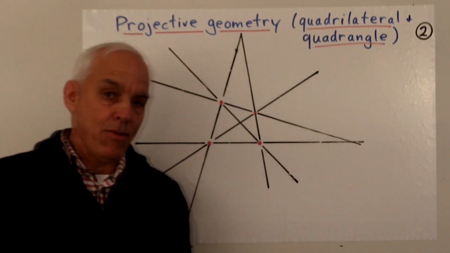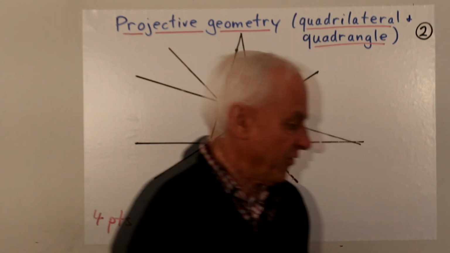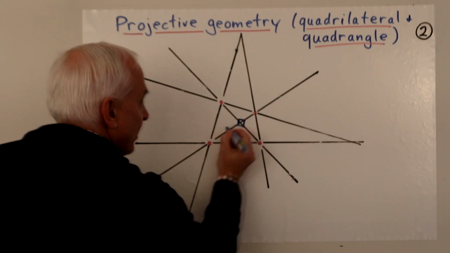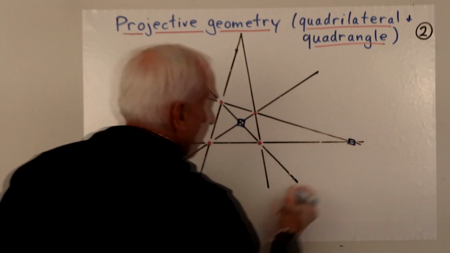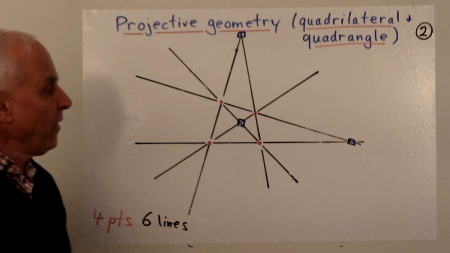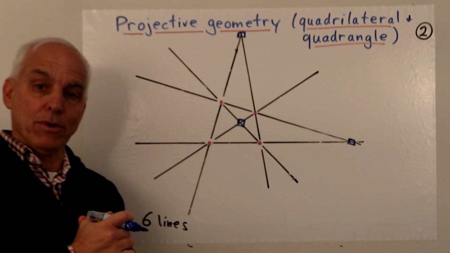Great. And now what happens? Well, now there's a few more points that we can see. So now we have this sort of meet of diagonals, but maybe we could also think about this one and this one. They all play sort of a similar role. Okay? So we might call these sort of the diagonal points of the original quadrilateral.